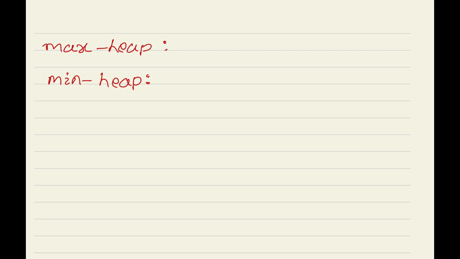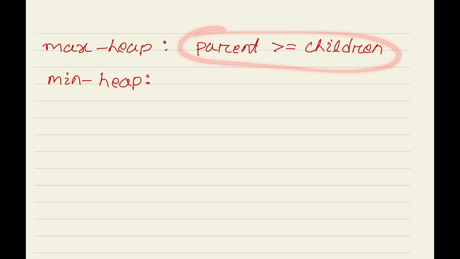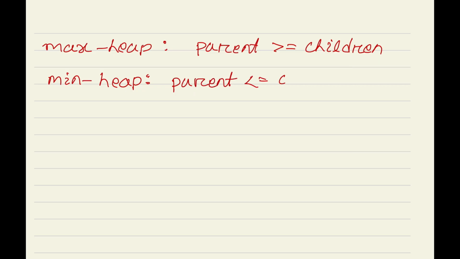That means, if the key value of a parent is greater than or equal to the key value of its children, then we can say that is a max heap. And the reverse one, that means, if the key value of a parent is less than or equal to its children, then we can say that heap is a min heap.